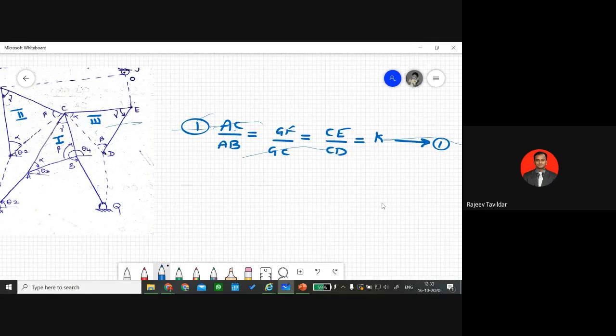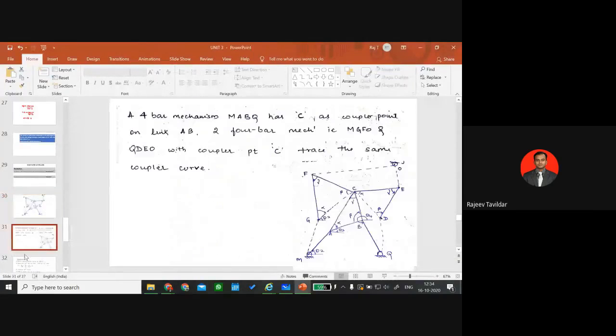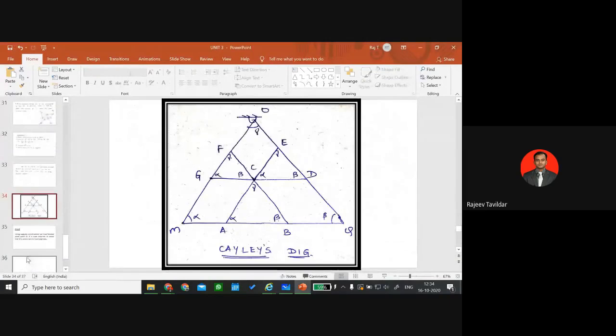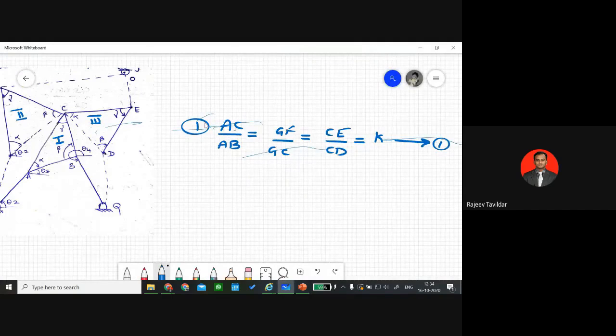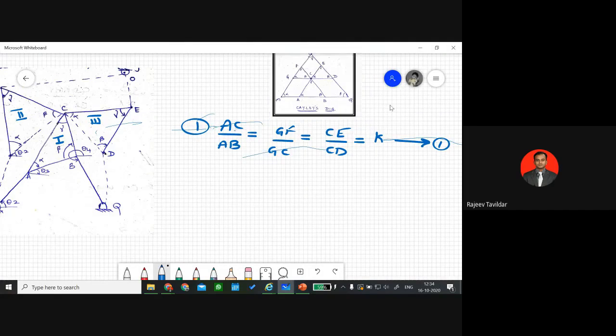Now let us refer to the Cayley's diagram here. Look at this Cayley's diagram. Can I write the summation of link lengths of MO equal to MG plus GF plus FO? Is it correct? As per this Cayley's diagram, yes, sir. MO can be written as MG plus GF plus FO. Let me bring this also onto the whiteboard here, just for our reference.